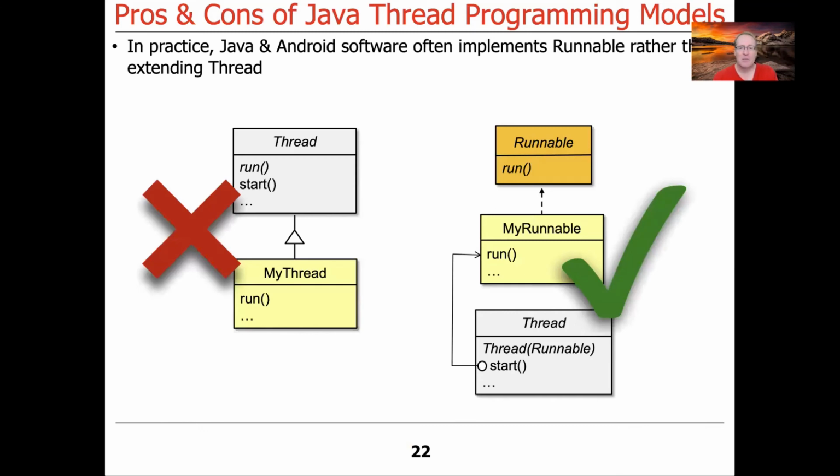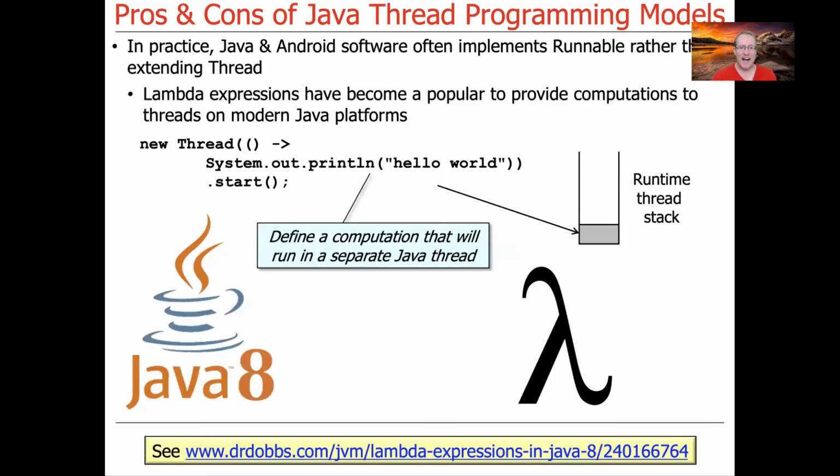In practice, most Java and Android software that uses threads implements Runnable rather than extending Thread, because it just gives you a bit more flexibility. And in fact, nowadays that Lambda expressions have become popular, they're often used to provide an anonymous implementation of a Runnable that can be passed to the Thread constructor in order to be able to perform computations in a very concise way.